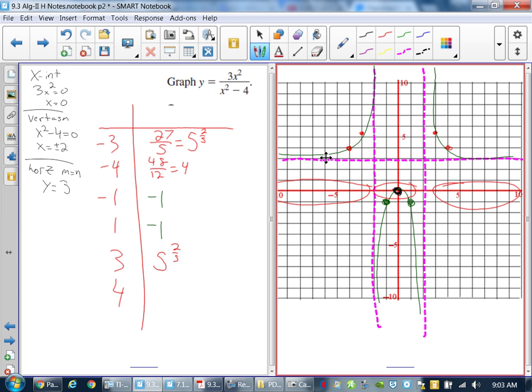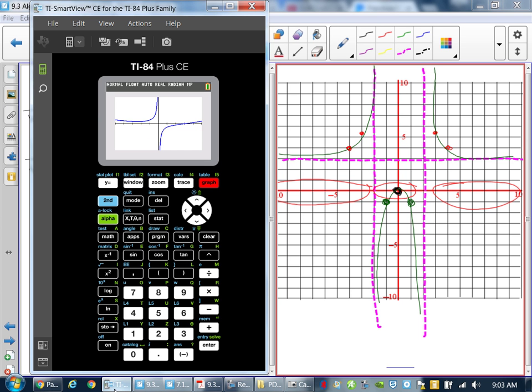Okay, what were you gonna ask? I was gonna say, can we throw it in the calculator and see? Sure. Yeah, throw it in the calculator. What was it? It was 3x squared.